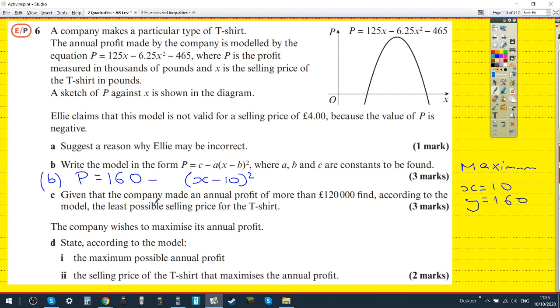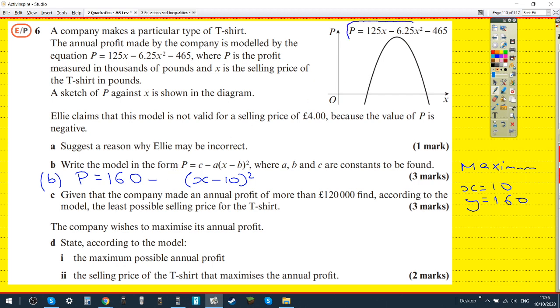So what number would that a be? 100. It'd be 10. It's from the original equation. A is always a. So what would you have to factorize out to make it 1x squared? 1.